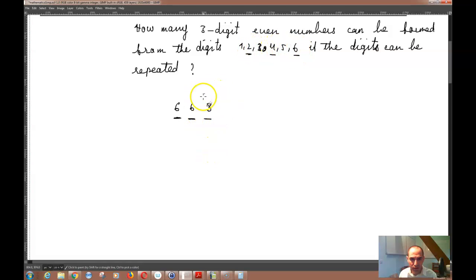So the number of such numbers would be 6 times 6 times 3, which is equal to 36 times 3, which is 108. You would get 108 numbers.